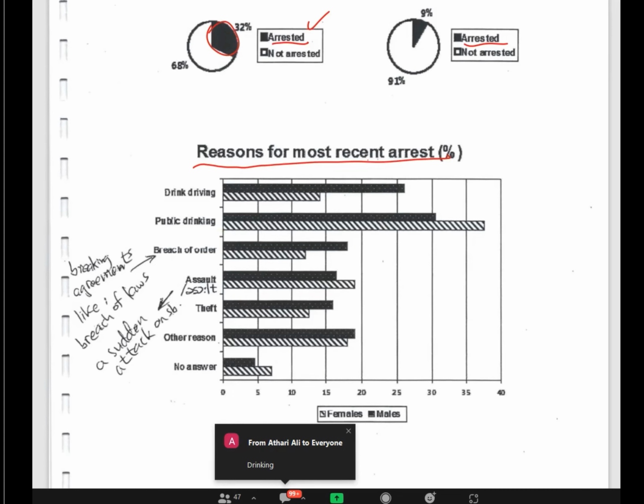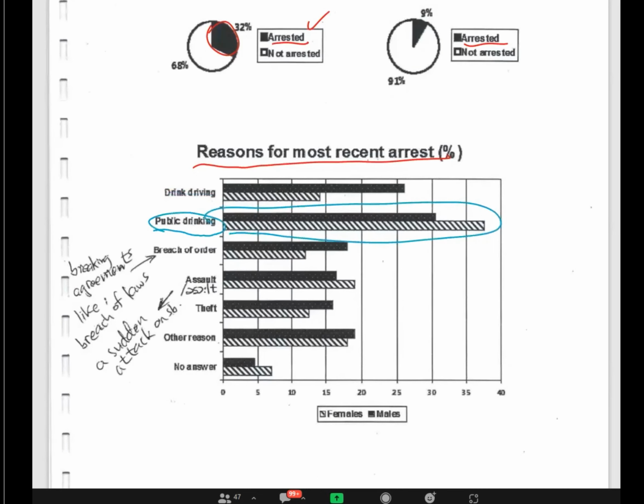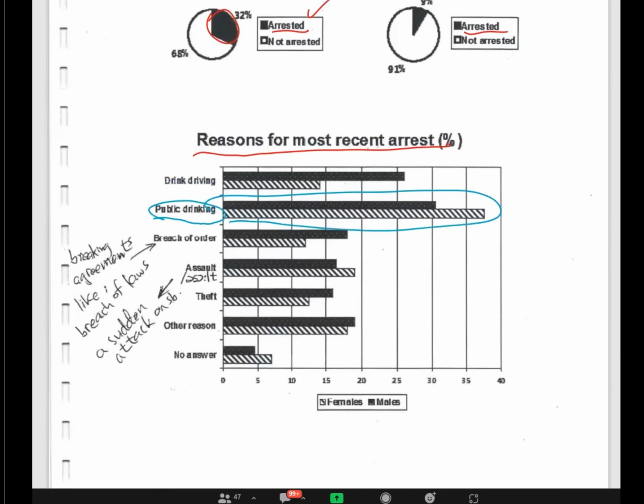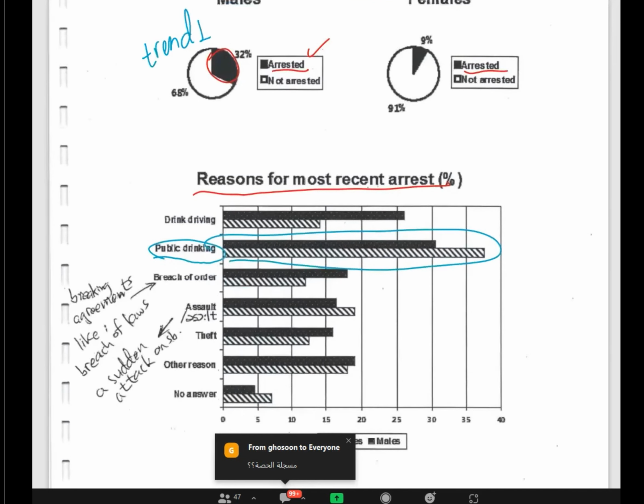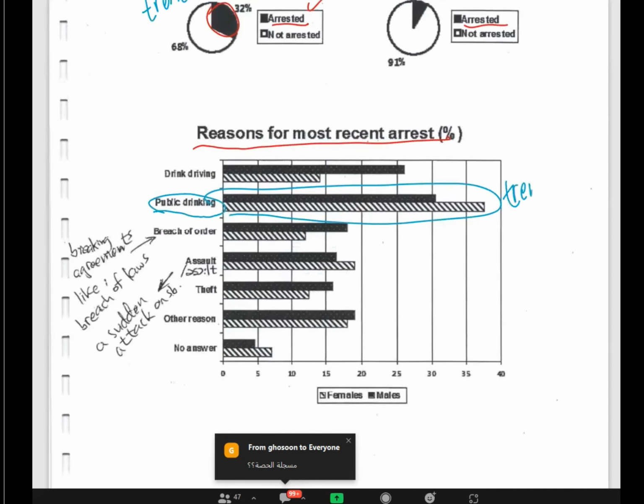The trend here is the public drinking. Yeah, it takes the biggest part. So that is the second trend. So this is trend 1 and this is trend 2.